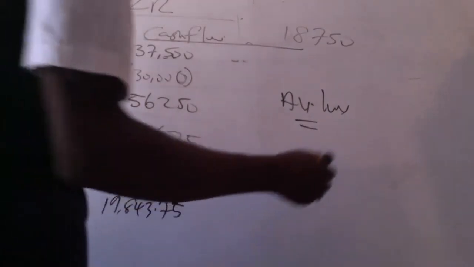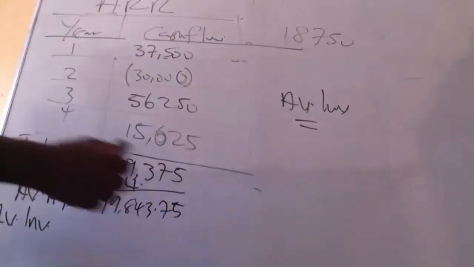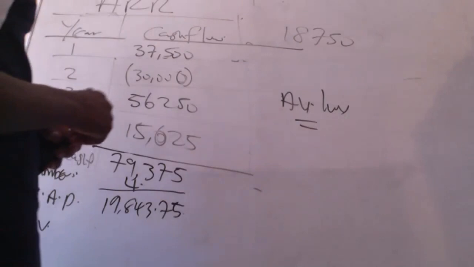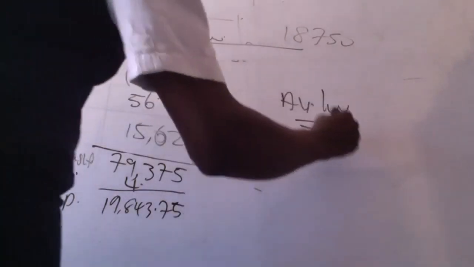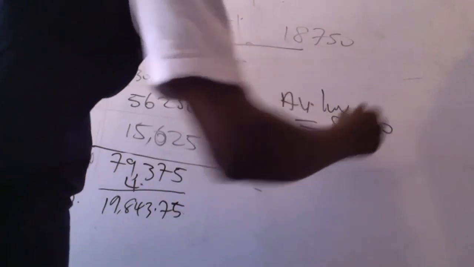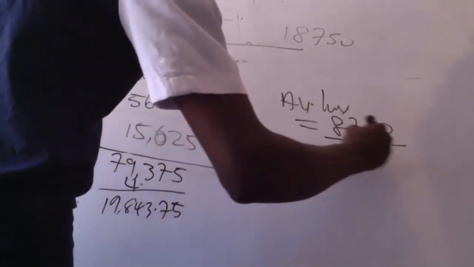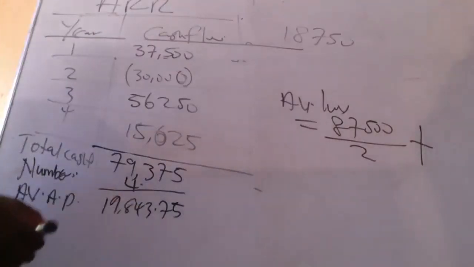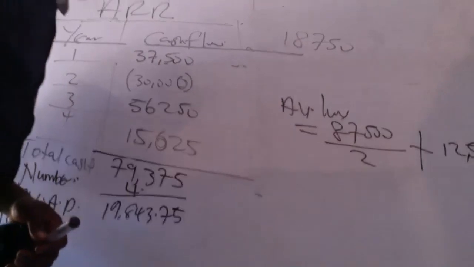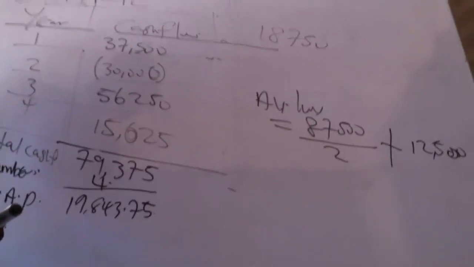So average investment will be the initial cost. What's the initial cost? The initial cost is 87,500, all divided by 2, plus the working capital. Working capital is 12,500. Let me squeeze it in.